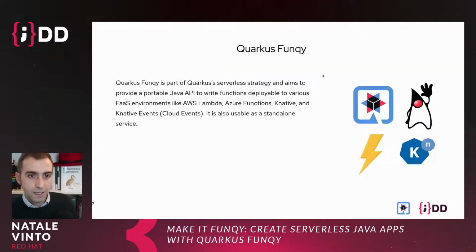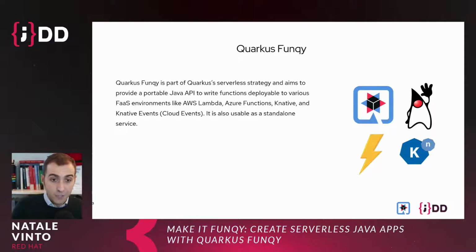Quarkus Funqy is part of the Quarkus serverless strategy, which aims to provide a portable Java API that lets you write functions in an agnostic way. You can use any function as a service, like AWS Lambda, Azure Functions in the public cloud, or Knative and Knative Events.